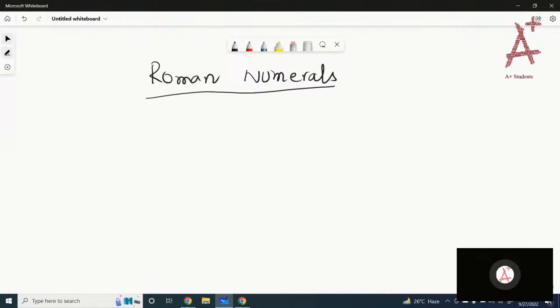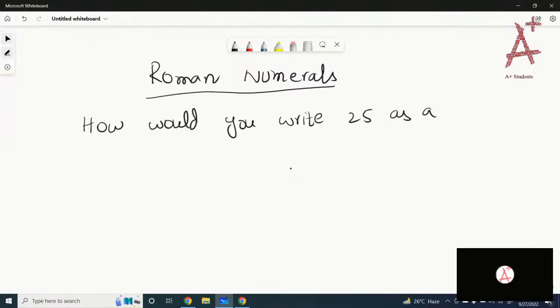Okay, so let's start with the first example. How would you write 25 as a Roman numeral? So we have to write 25 in expanded form and then convert each term to a Roman numeral.